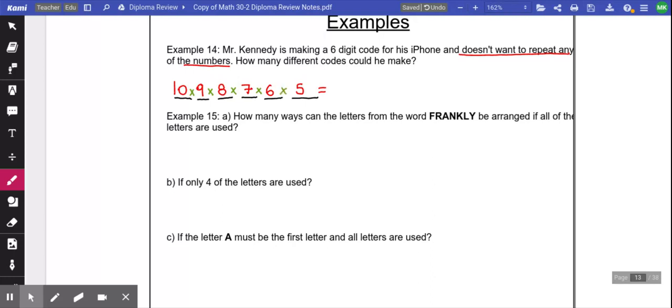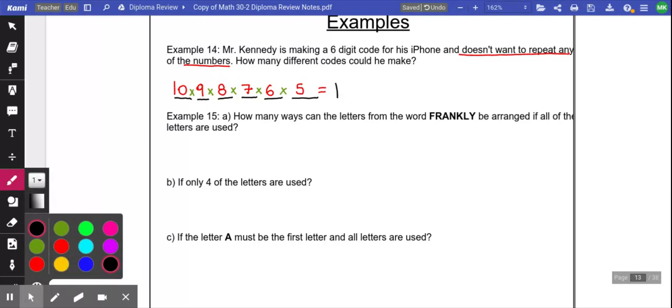There we go. If you put that in your calculator, you will find that the total number of 6-digit combinations you could make is 151,200. That's the number of cell phone combinations you could make without repeating any digits. Perfect. That's the fundamental counting principle way.